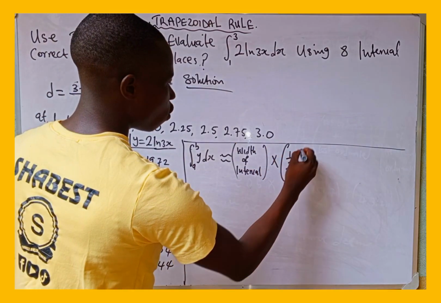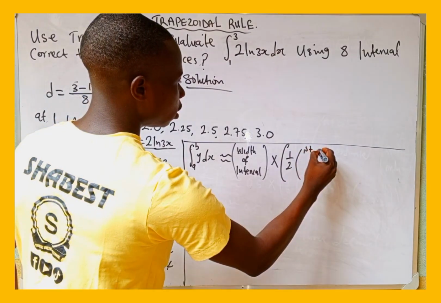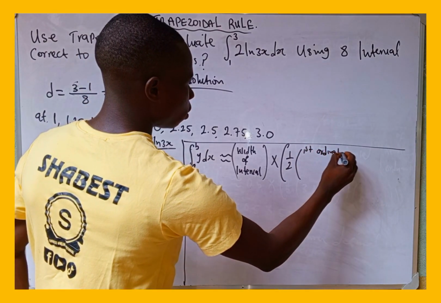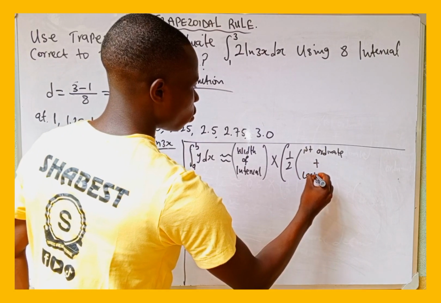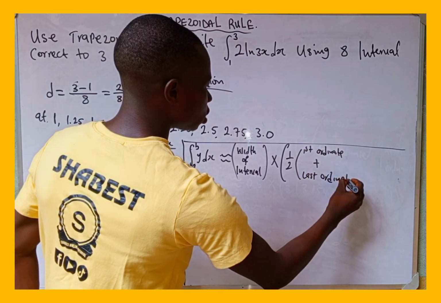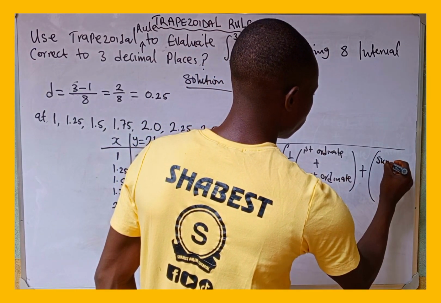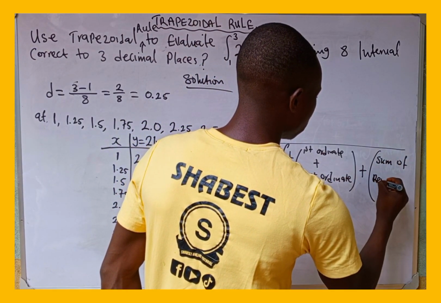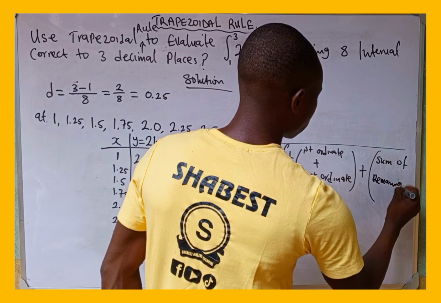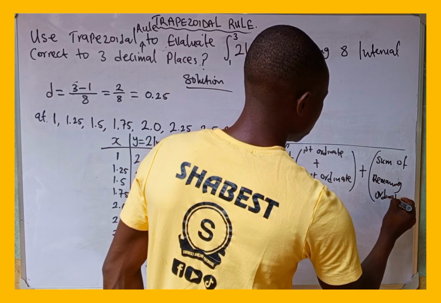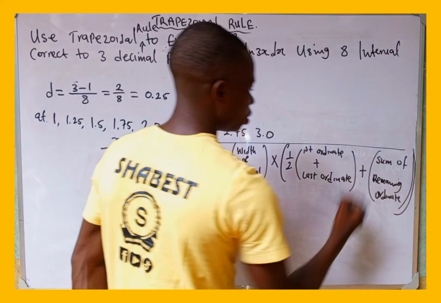Multiply by half of first ordinate plus last ordinate, then add it to what? The sum of remaining ordinates. So you close the bracket.